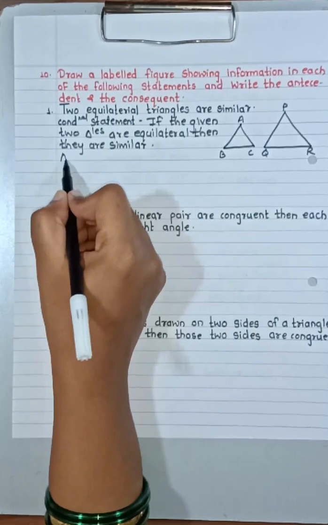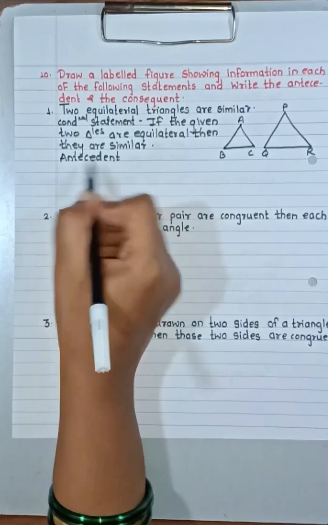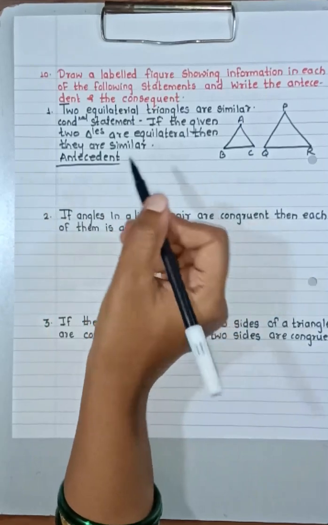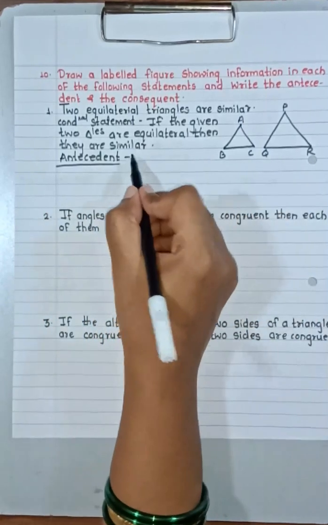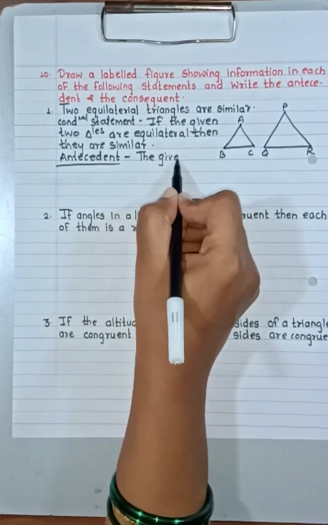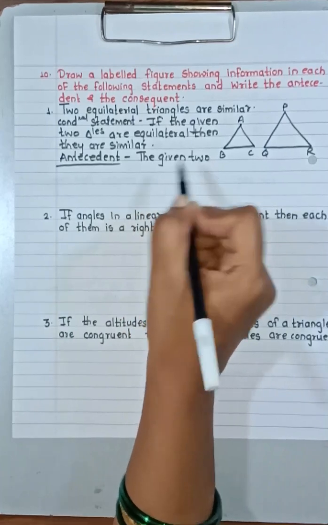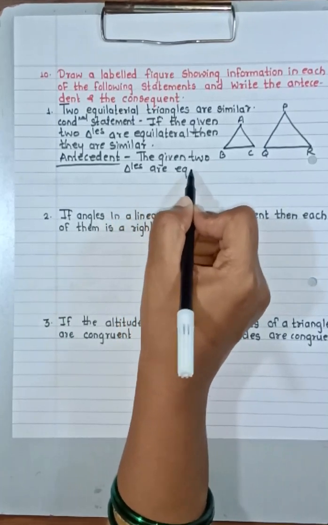Okay. Now we'll write first antecedent. Now what is given in this? The given two triangles are equilateral. That is given. That is your antecedent.